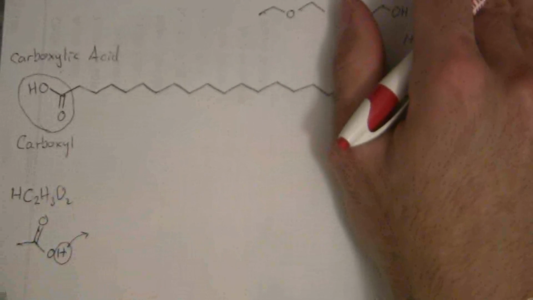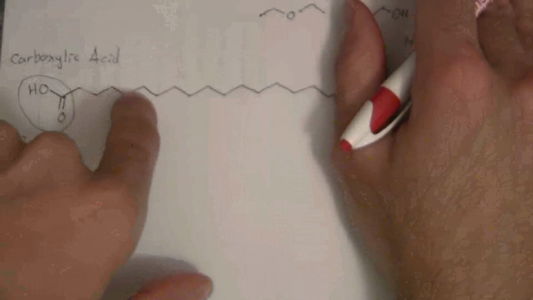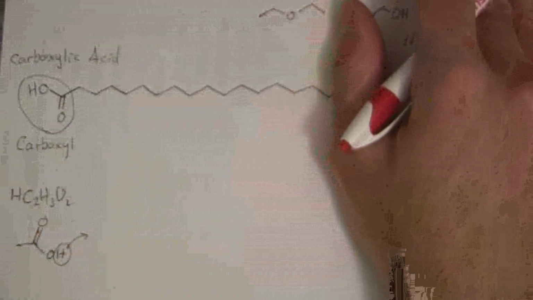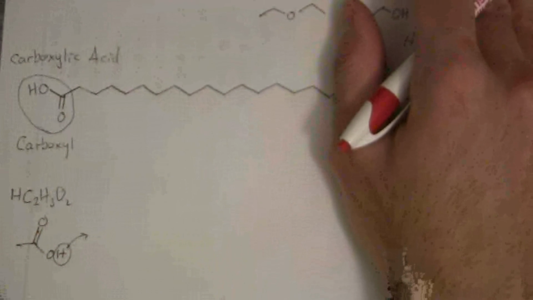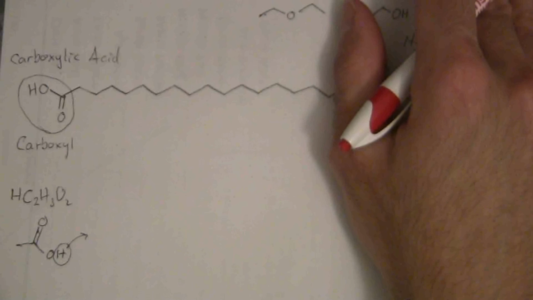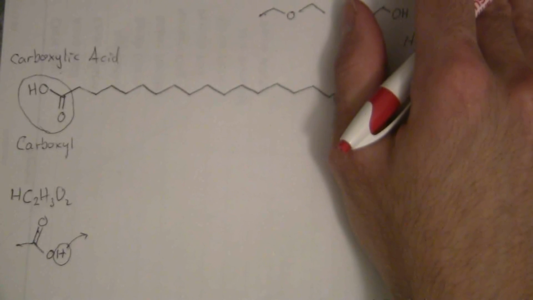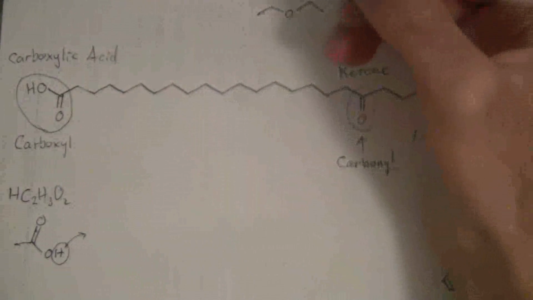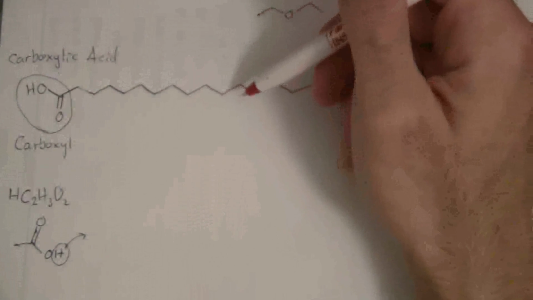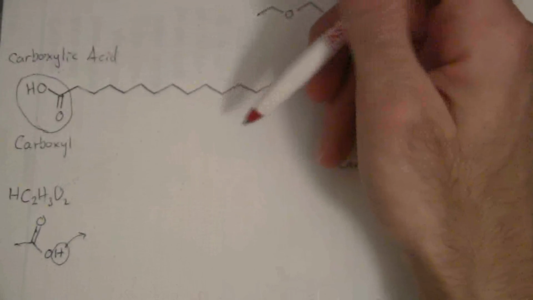Okay, this is a kind of a fatty chain because it's fat soluble. If you recall about polarity and solubility, polar compounds will dissolve other polar compounds, and nonpolar compounds will dissolve nonpolar compounds.